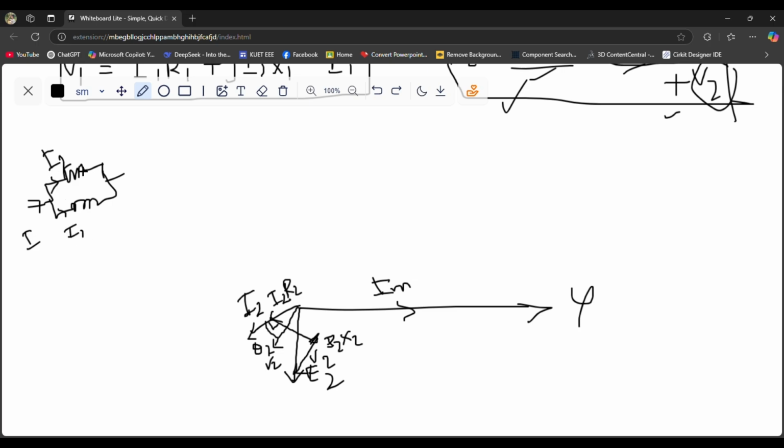This I1 will lag this I2 by 90 degree because of this reactive element.